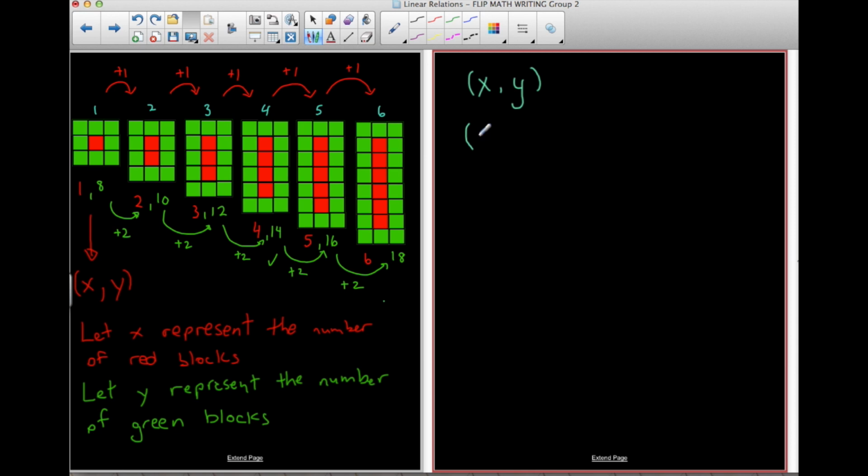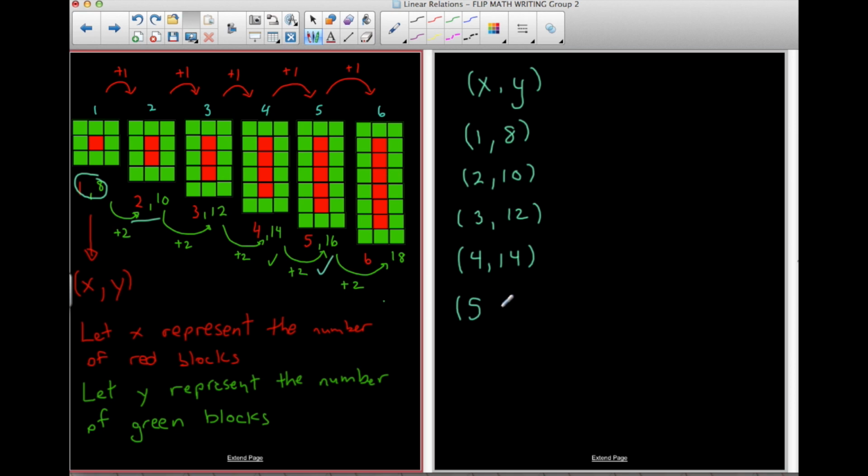The first shape can be represented by the ordered pair 1 red block for 8 green blocks, (1, 8). Our second can be represented by the ordered pair (2, 10). Our third, (3, 12). Our fourth shape has 4 red blocks and 14 green blocks.